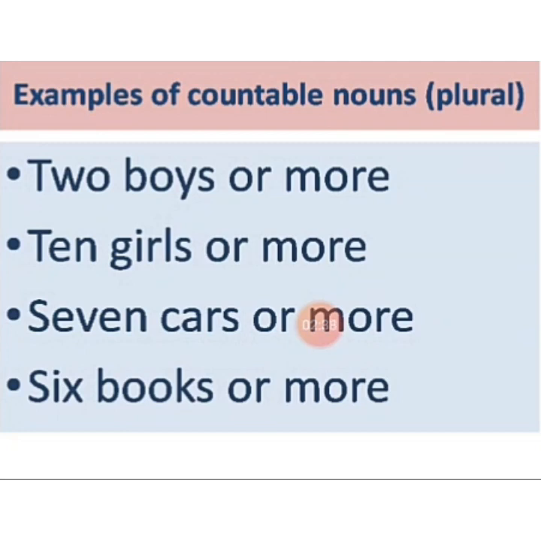As you can see, these nouns are countable nouns, but in this video we are presenting it as more than one noun which is countable, that is 2 boys or more boys. So 2 is a plural, 10 is a plural, 7 is a plural, and 6 is a plural. But despite the fact that they are plural, you can still count them. That's why we call them countable nouns in plural.